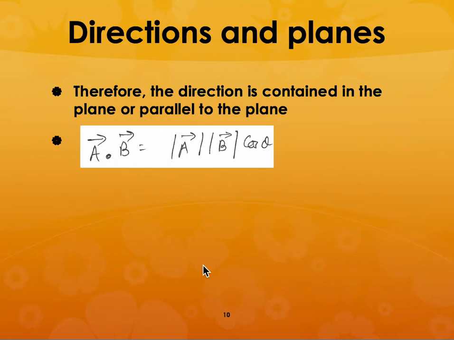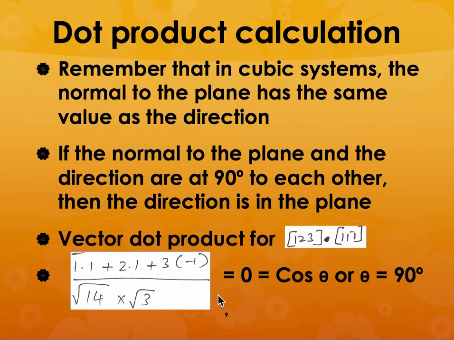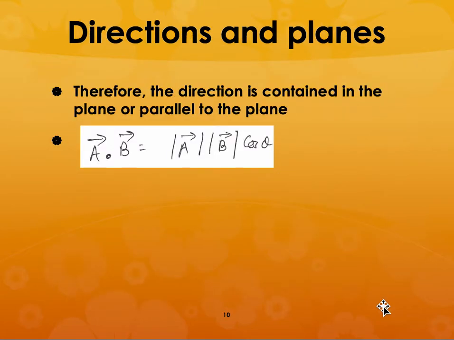So using that, you can calculate the vector dot product to find out that this particular plane and this particular direction are contained in each other, or the direction is contained in that plane. Okay, so in coordinate geometry terms, this is given by the relationship vector A dot product vector B is equal to the magnitude of A times B times cos theta.